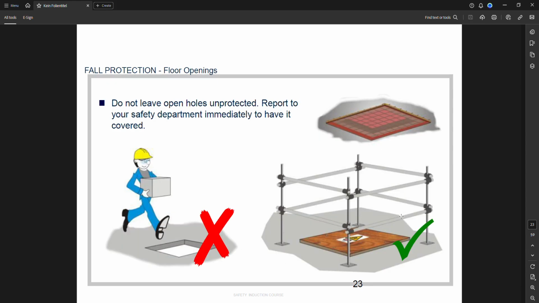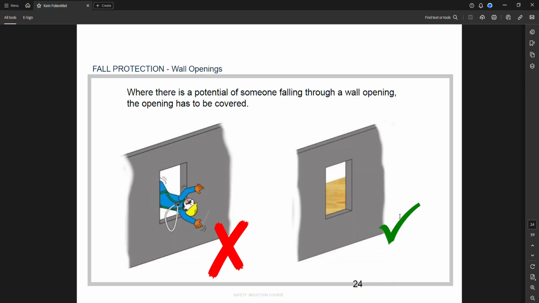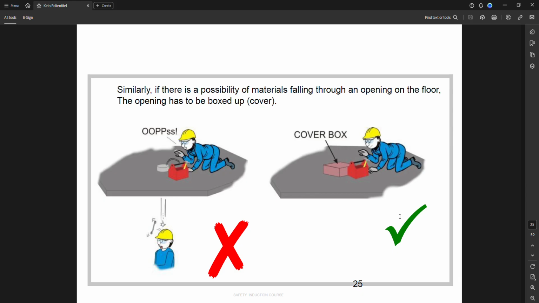Now we come to fall openings. Do not leave an open hole unprotected. Where there is a potential of someone falling through a wall opening, the opening has to be covered. Likewise, if the floor opening is bigger, you must have a box up.